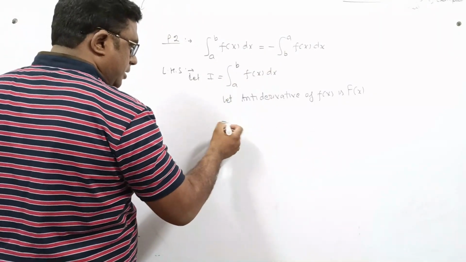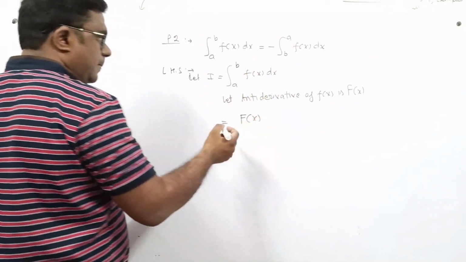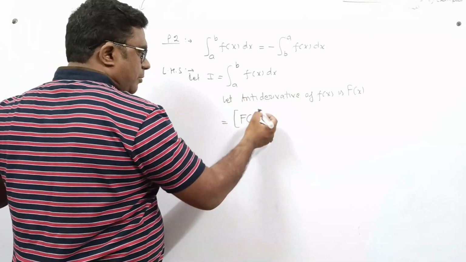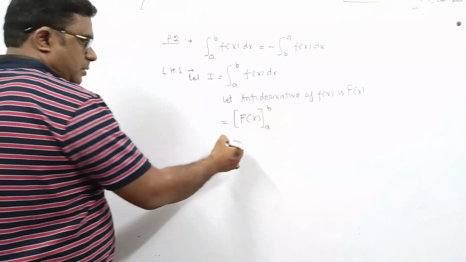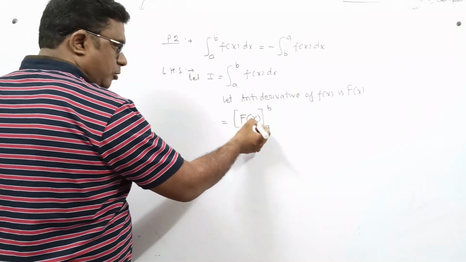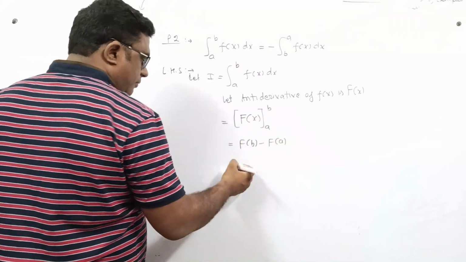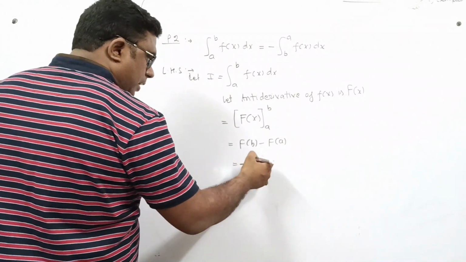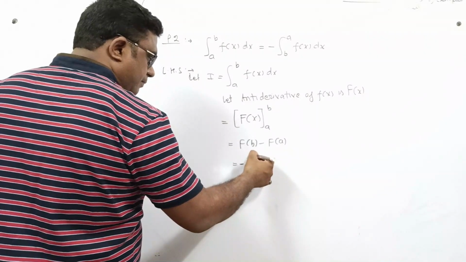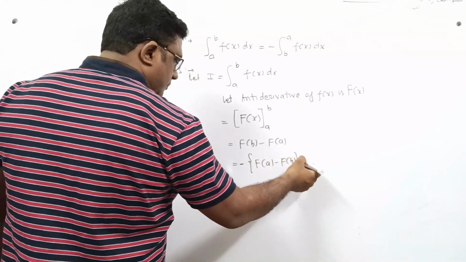So students, in the next step, its antiderivative will be written as capital F(x) in square brackets, and the limits will come here. Let us open it. First put b, so F(b) minus F(a). If I take minus common from it, it will be reversed, F(a) minus F(b).